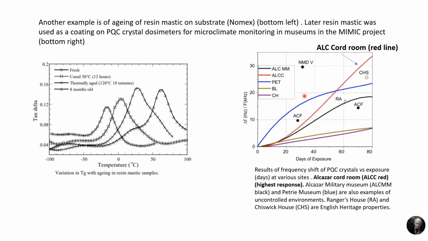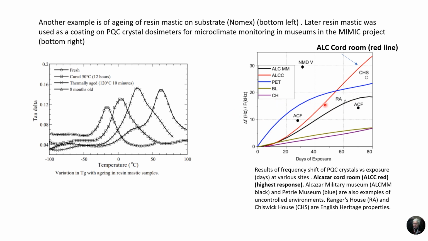Another example of aging of resin mastic on substrate Melanex, and resin mastic was later used as a coating on PQC quartz resonators for microclimate monitoring in museums. And the plot on the right-hand side shows the profile of change expressed through the frequency shift of the crystals at different locations.